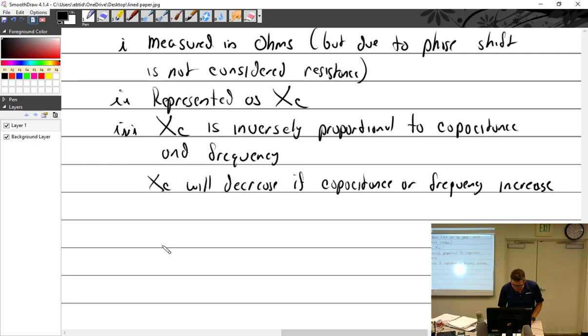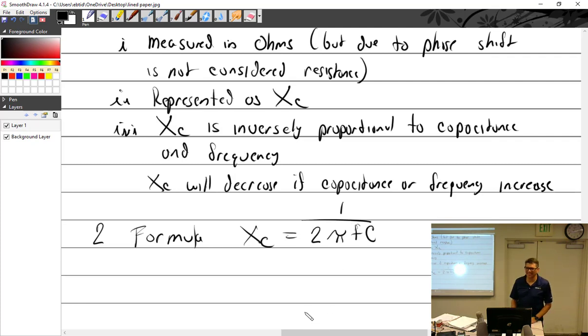All right, let's see. Formula. Formula is X of C equals 2 pi F C. Sound familiar? 1 over, because it's the inverse. So the other one is 2 pi FL. This is 2 pi FC, but it's the inverse, so it's 1 over.